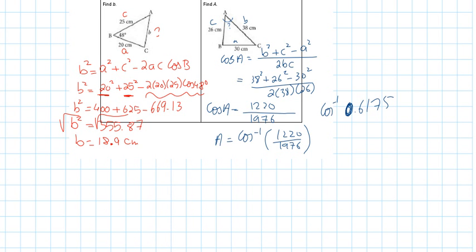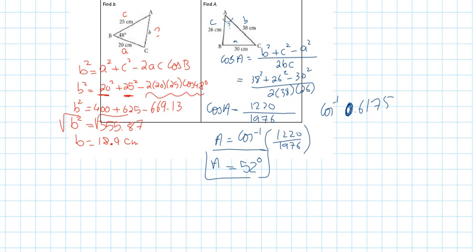And what did you get for that? 51, because the angle should be to the nearest degree. 51 point what? 6 or something. Very accurate, just to make a point that it went up above the 5.